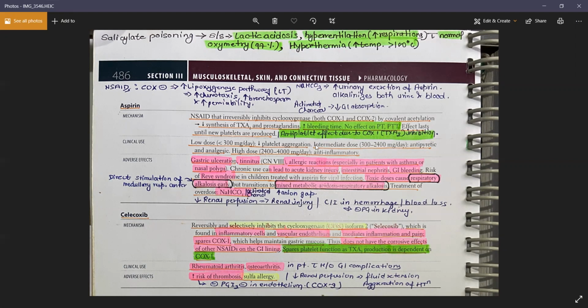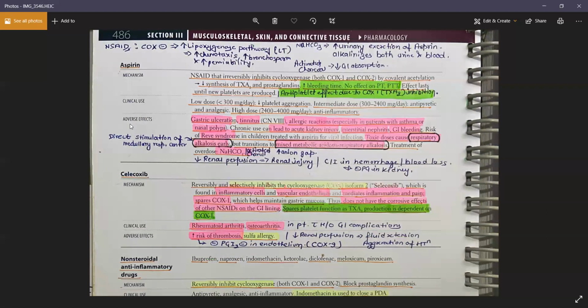Then you have the intermediate dose between 300 to 2400 milligrams per day, and it can act as an antipyretic agent as well as an analgesic agent. You use them for pain control and for fever control. High doses like 2400 milligrams to 4000 milligrams can be used for anti-inflammatory purposes, like to treat rheumatoid arthritis, to treat gout. Okay, you can use these agents.